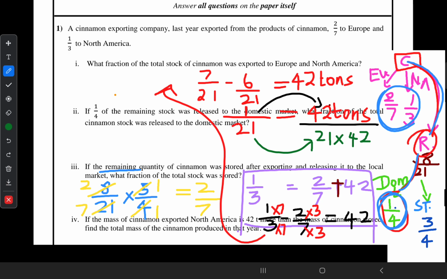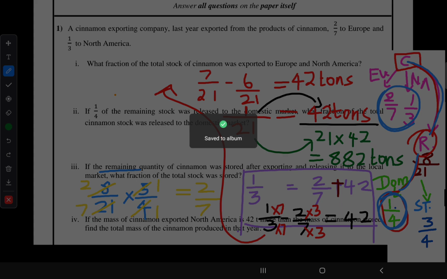The numerator is indicating 42 tons, that means one portion belongs to 42 tons. The denominator indicates the total. So what's our total? 21 times 42, that would be equal to 882 tons. Totally, in that year, 882 tons of cinnamon was produced by that particular company.